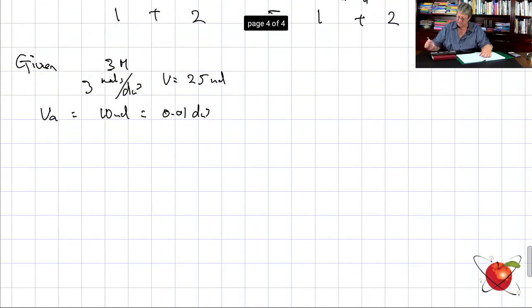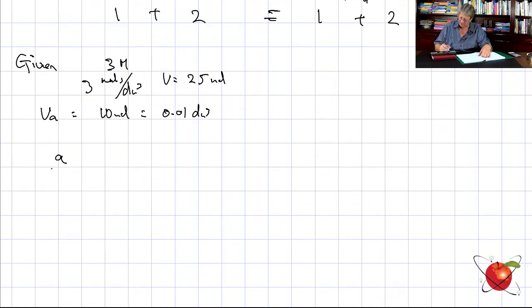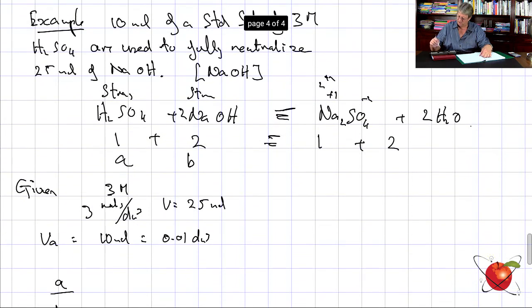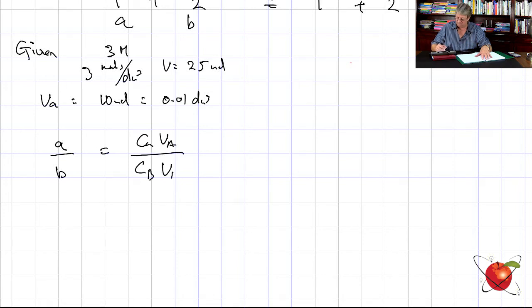Now, what's my next step? My next step is to say A over B. Can you see that's A and that's B, isn't it? Just go back up here. Just show you. A is 1, A and B. So I can just use the formula here: CA VA over CB VB.